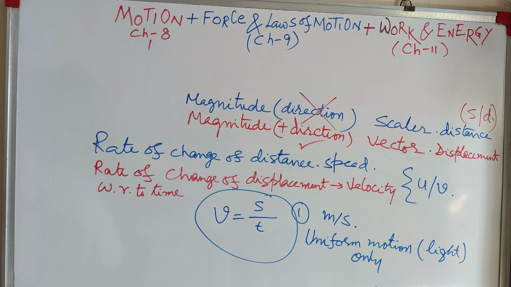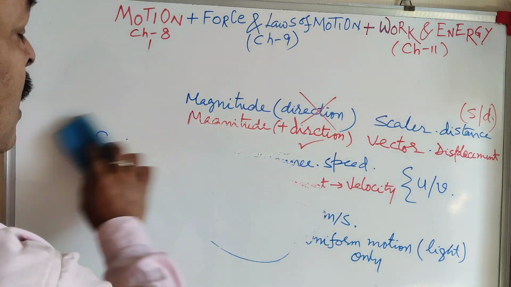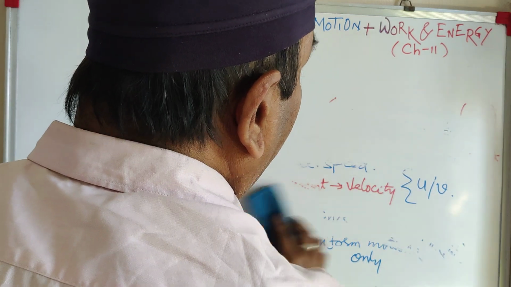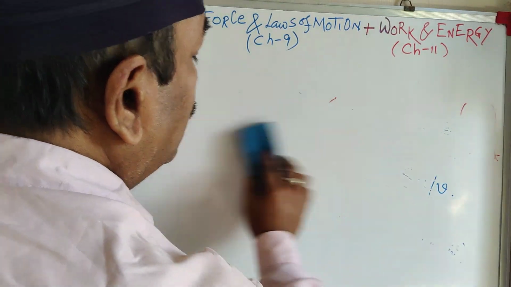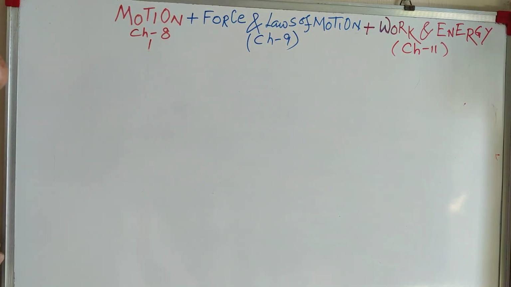If we consider our motion in a car or any other vehicle, we cannot move with uniform motion. Sometimes we have to speed up, sometimes slow down, sometimes stop; we have to apply the accelerator or the brake as per our requirement. So we cannot say that we are moving with uniform velocity.